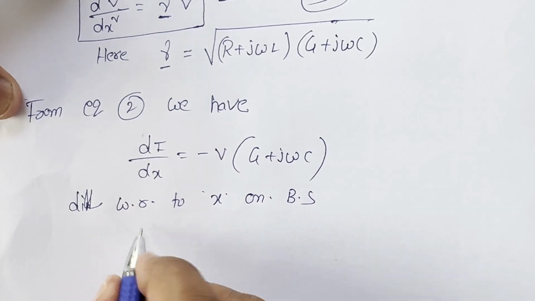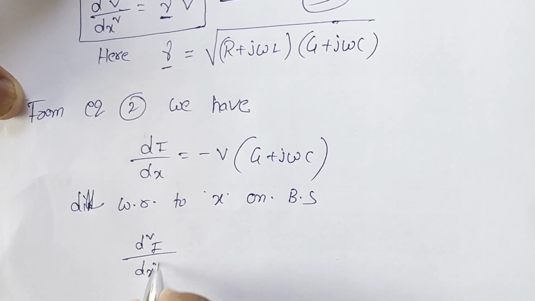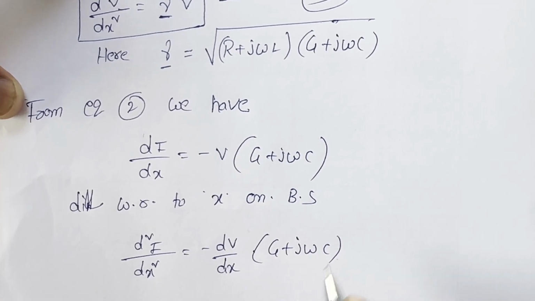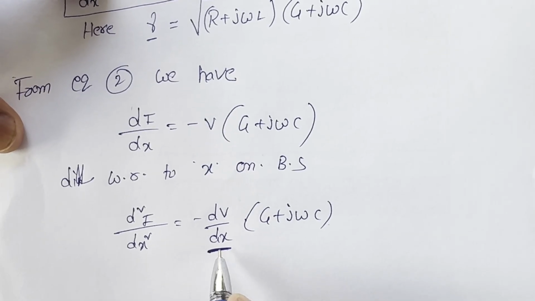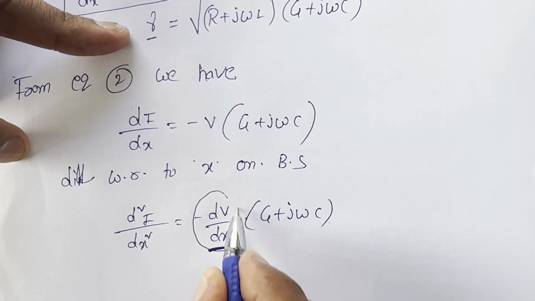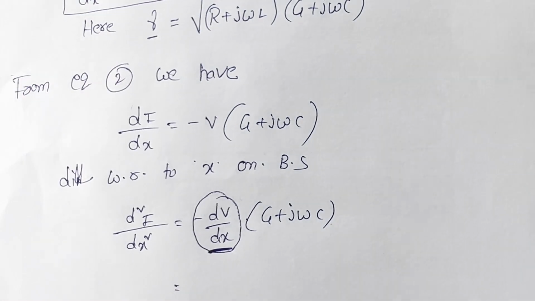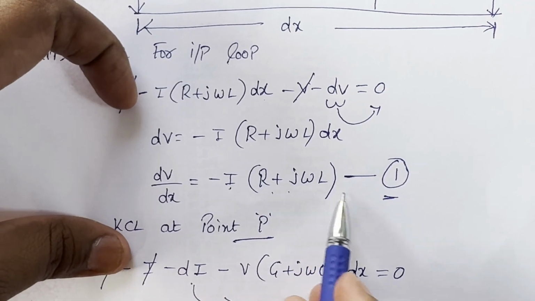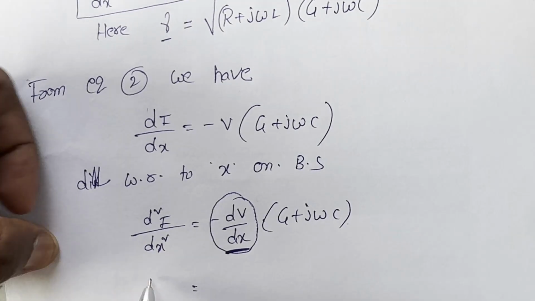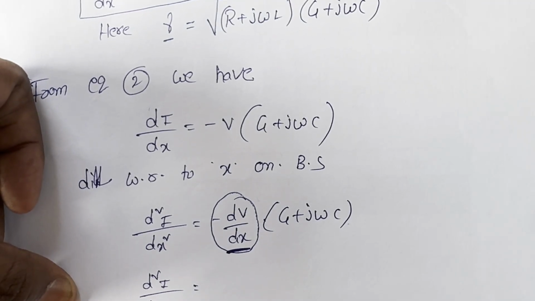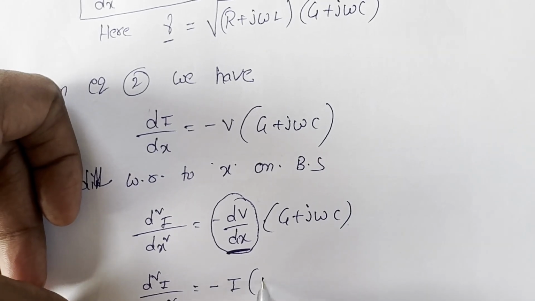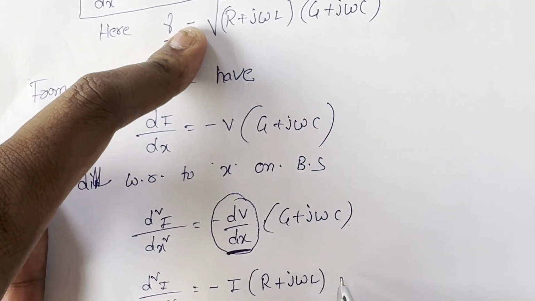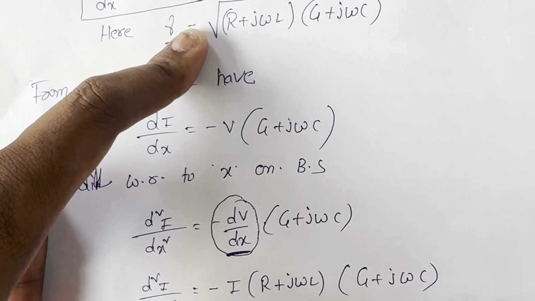So by making differentiation here, d square I by dx square equal to minus dV by dx into G plus j omega C. And now I am substituting the value of dV by dx, which is minus I into R plus j omega L. So d square I by dx square equal to minus I into R plus j omega L, and already here we have some value, G plus j omega C.